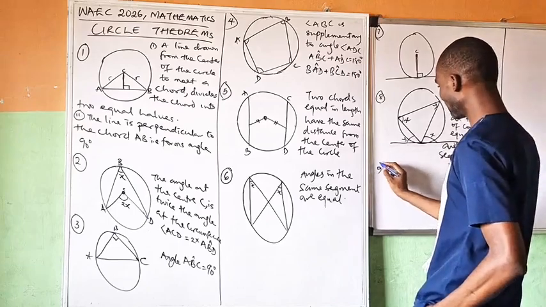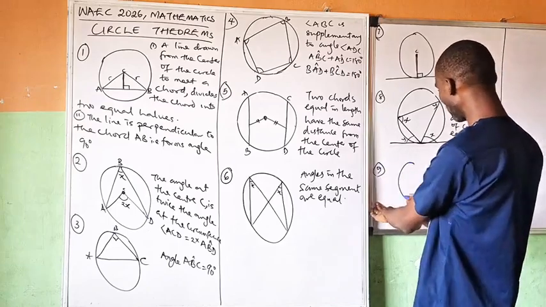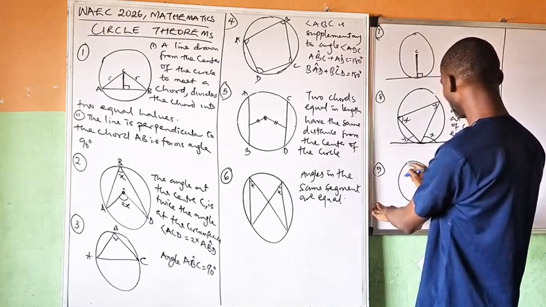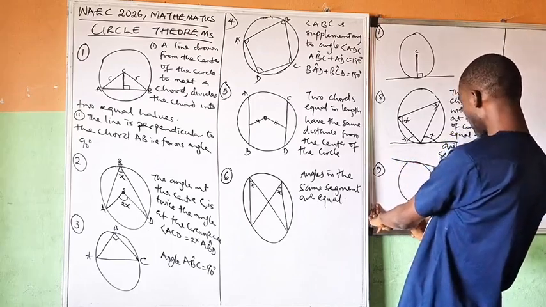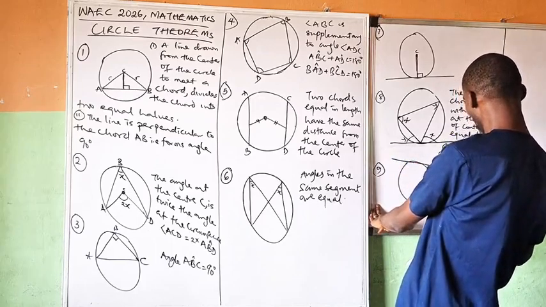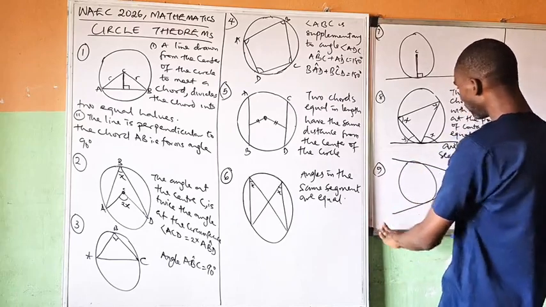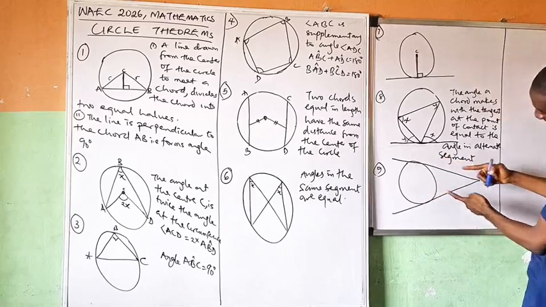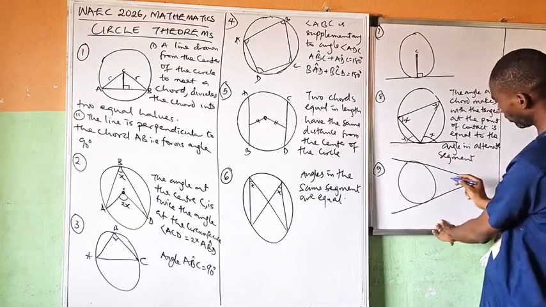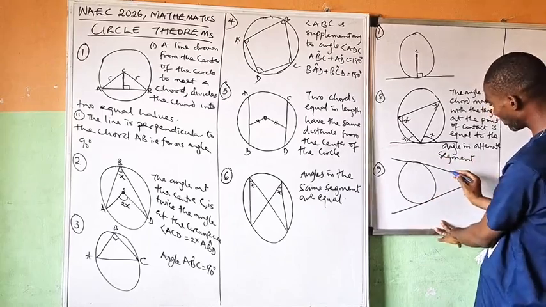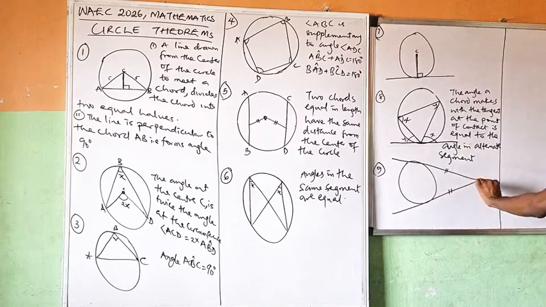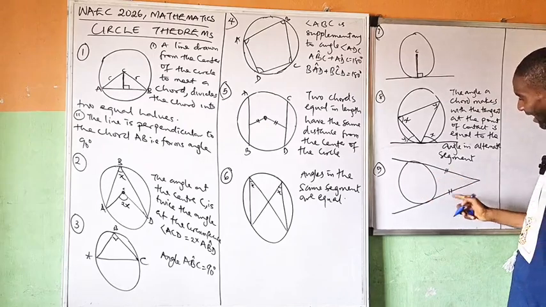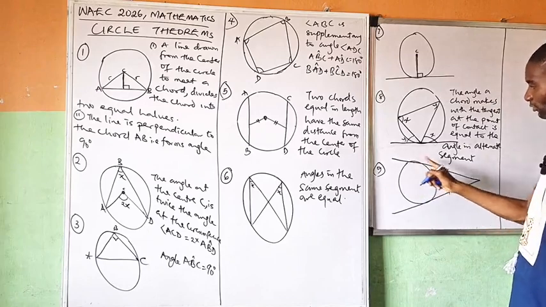And lastly, let me have this. When I have a circle, then there is this. All right, so there are two tangents that are drawn and they meet at this point. The rule makes us understand that these two tangents that are drawn to meet at this point have the same distance from the circle.